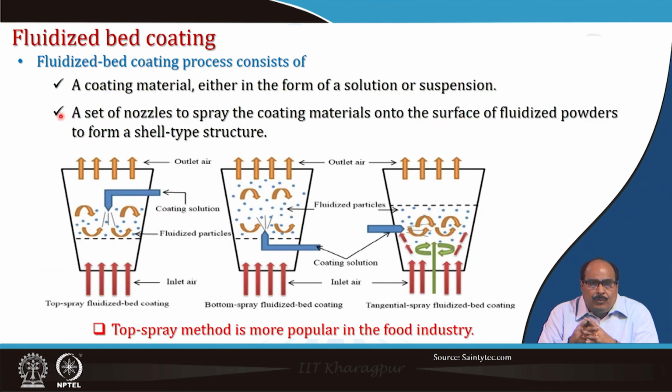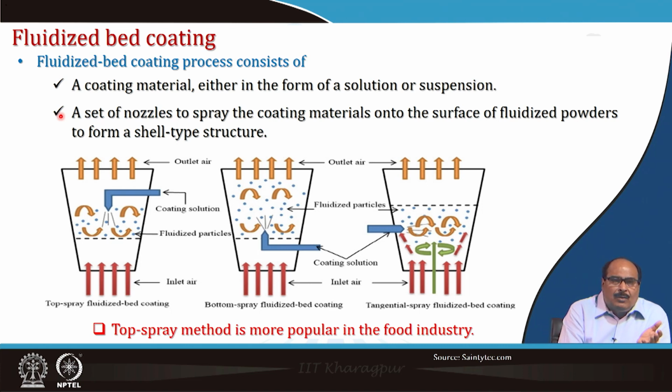Then fluidized wet coating. Here the coating material, either in the form of a solution or in the form of a suspension, is used. A set of nozzles is used to spray the coating material onto the surface of fluidized powders to form a cell type structure. So, it may be used for smaller size vegetables like grapes etc., which can be easily fluidized.